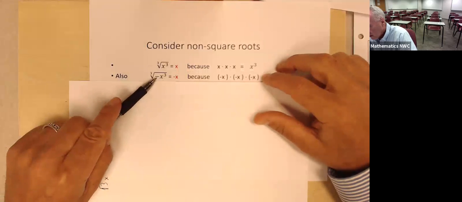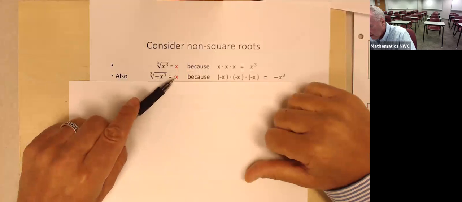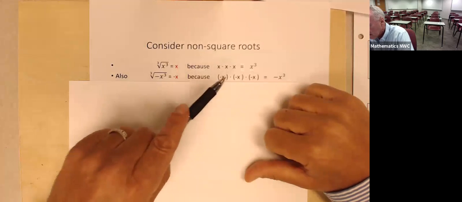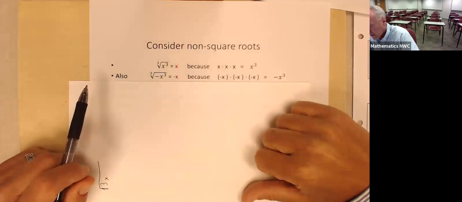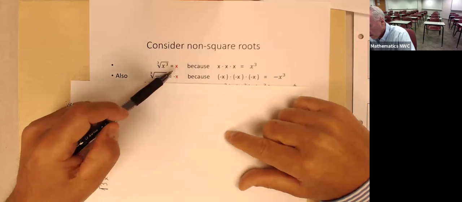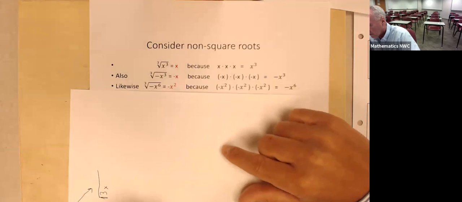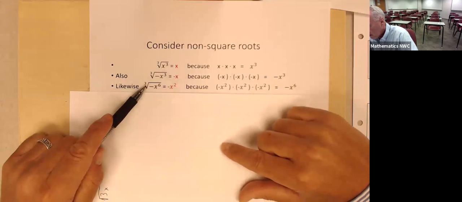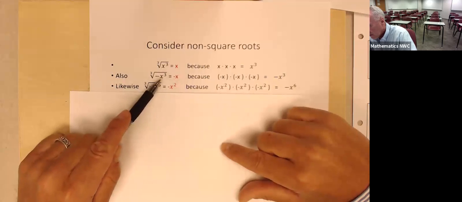If I have a cube root of a negative, we actually can get that value as well. It's a negative x because negative x times negative x times negative x gives you negative x cubed. So in this case, I don't need to worry about absolute value signs because these represent two different problems. The cube root of a negative x to the 6 is still going to be a negative.